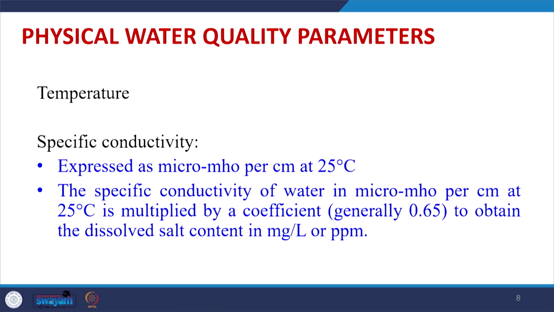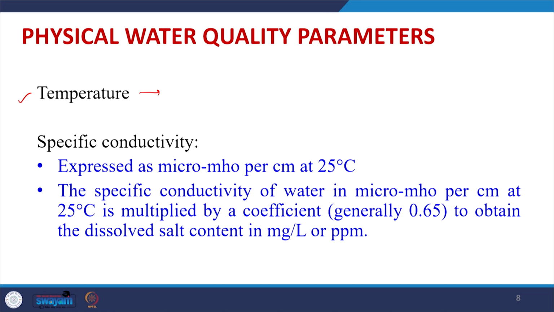Now, what are the different physical water quality parameters that we need to determine? These include, first and foremost, the temperature. The physical water quality parameters are those which can be sensed by our senses. So, temperature is one of the parameters, and we need to determine the temperature of the water.